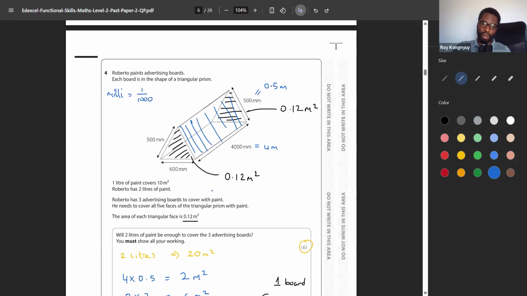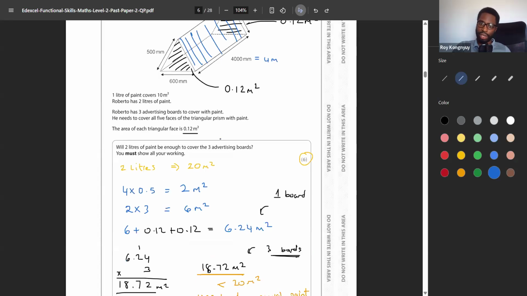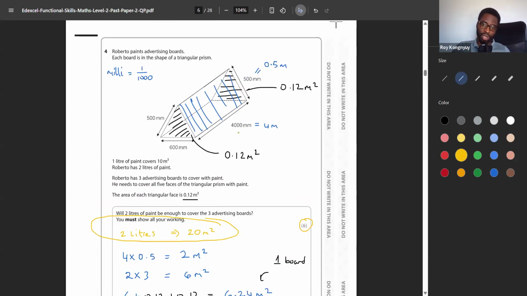And from there, we have a constraint for this problem. We know that he can cover 20 meters squared. And now we want to see how much paint does he actually need to cover these advertising boards? What is the area of 3 of them?